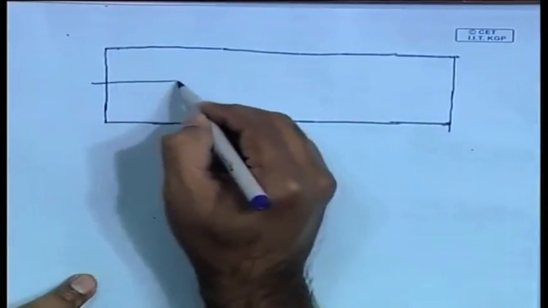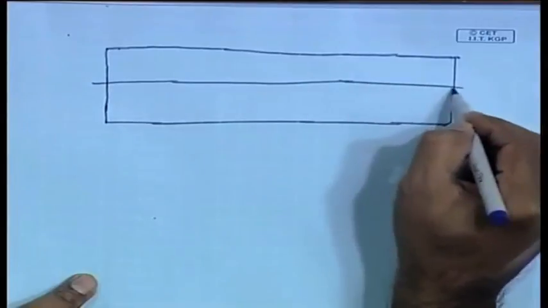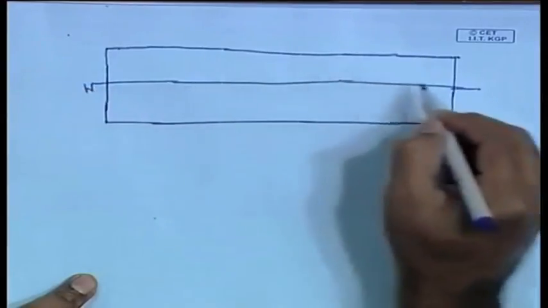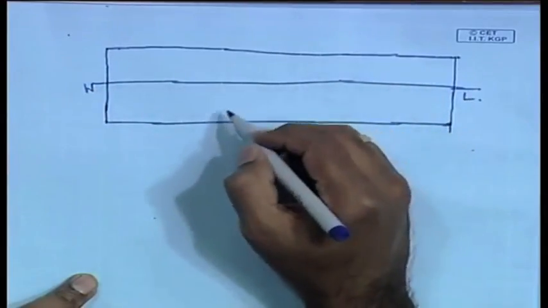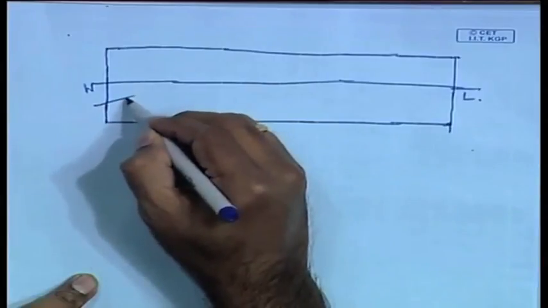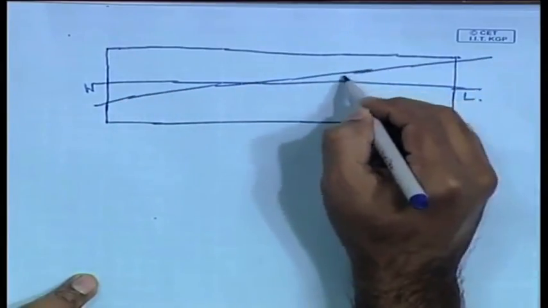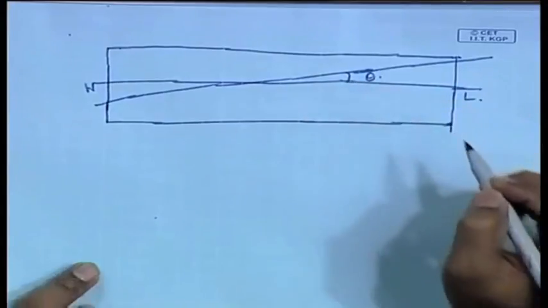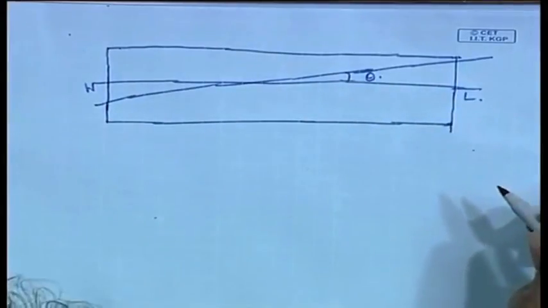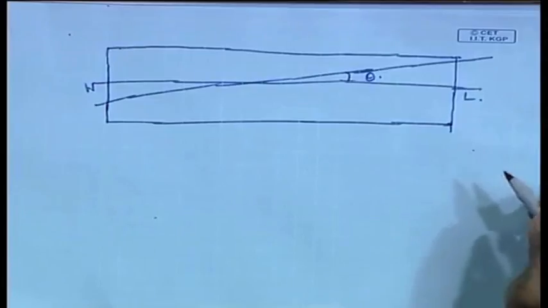So, this is the water line, WL. This rectangular barge has trimmed through an angle theta.